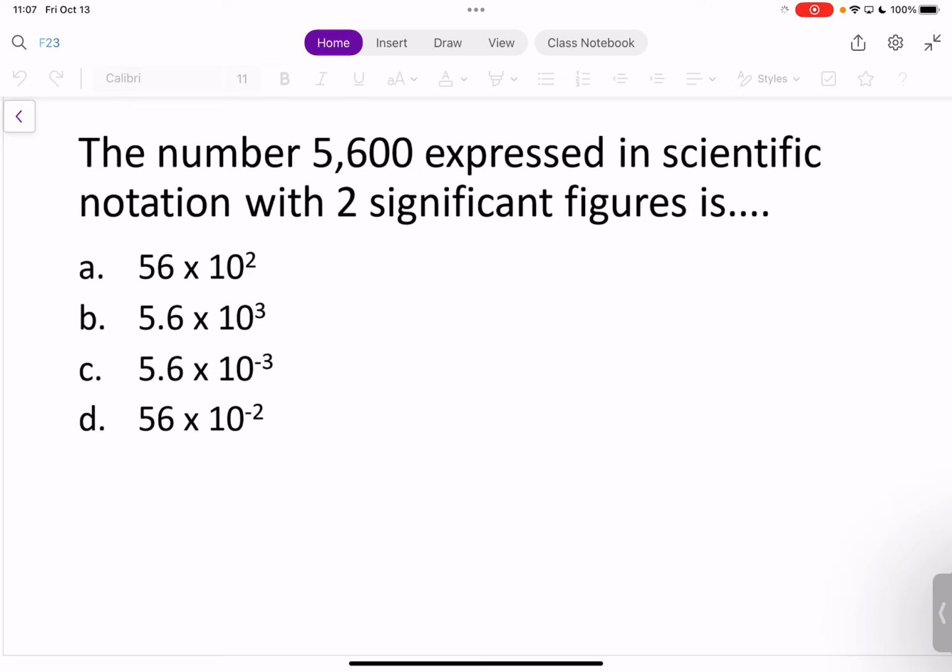All right. Okay, so the number 5600 expressed in scientific notation with 2 sig figs is what? A, B, C, or D? Try it out. See what you get.